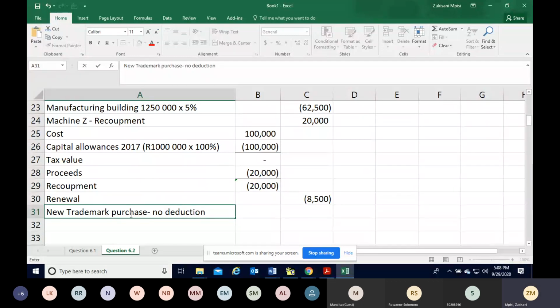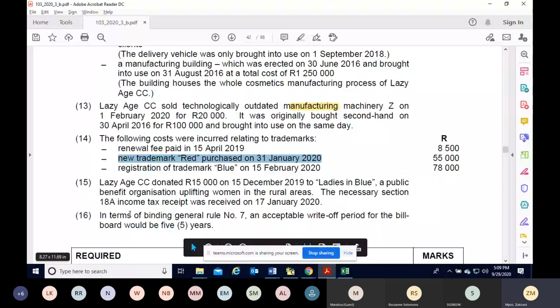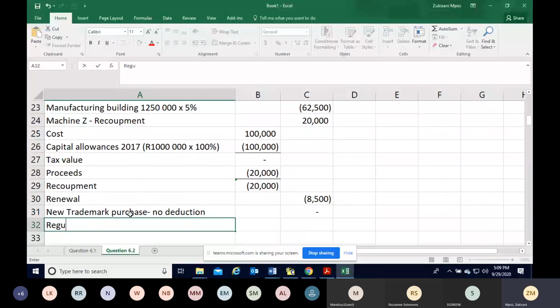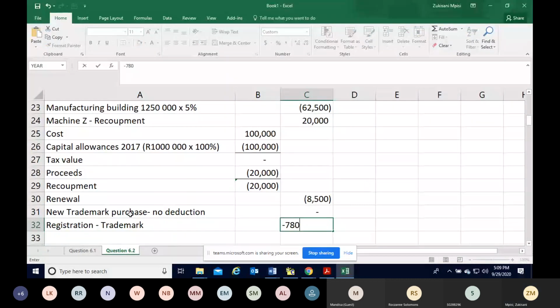It specifically tells you on those pages 13 and 14. Registration of a trademark becomes a deduction, straightforward, minus 78,000.